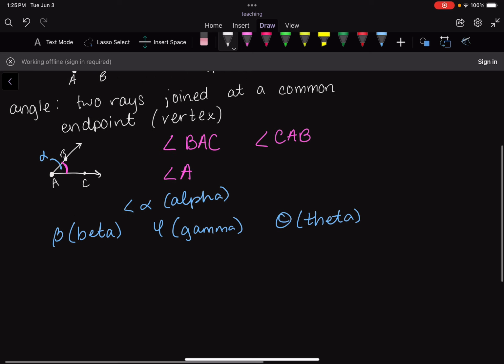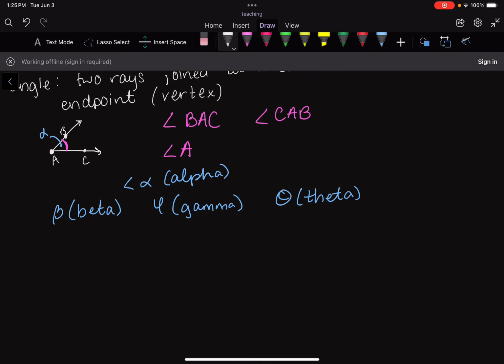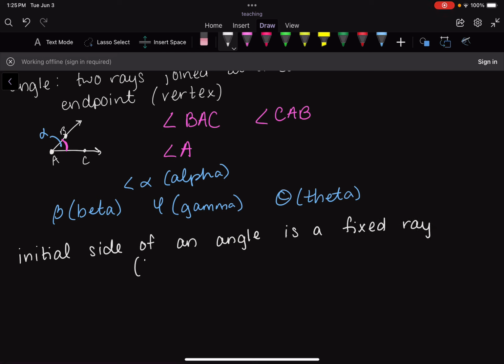Now, since angles are made up of these two rays, we can call these two rays different things. The initial side of an angle is a fixed ray, and it's always the horizontal part.